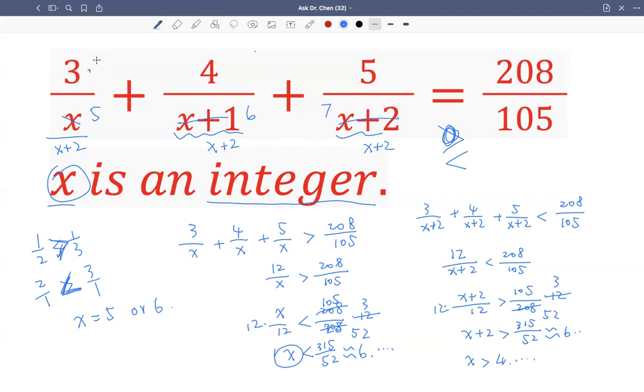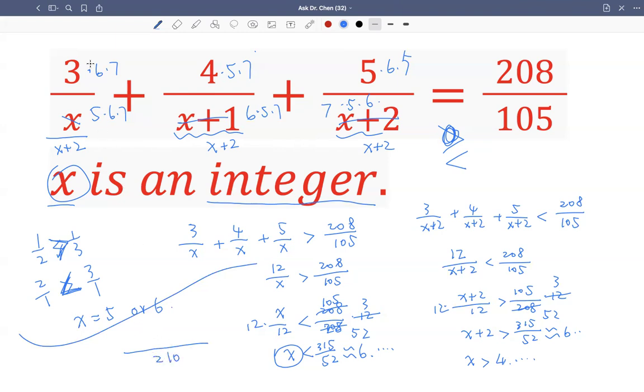So we multiply the first term with 6 and 7, the second with 5 and 7, and the third with 5 and 6, because this is 7 times 5 times 6. Now the common denominator is 210, because 5 times 6, 30, 30 times 7, 210.